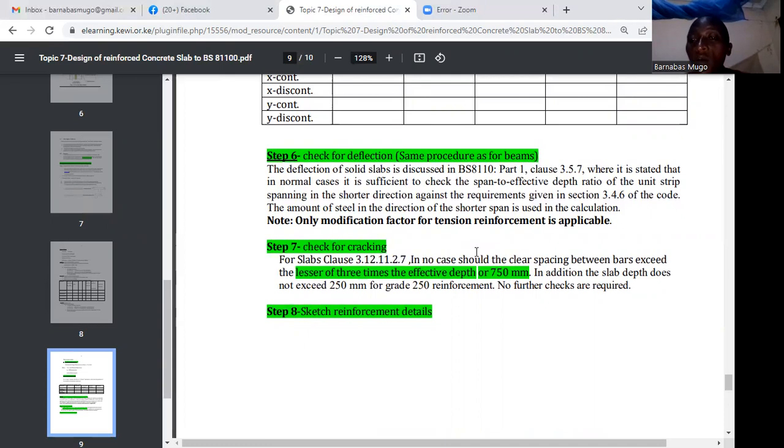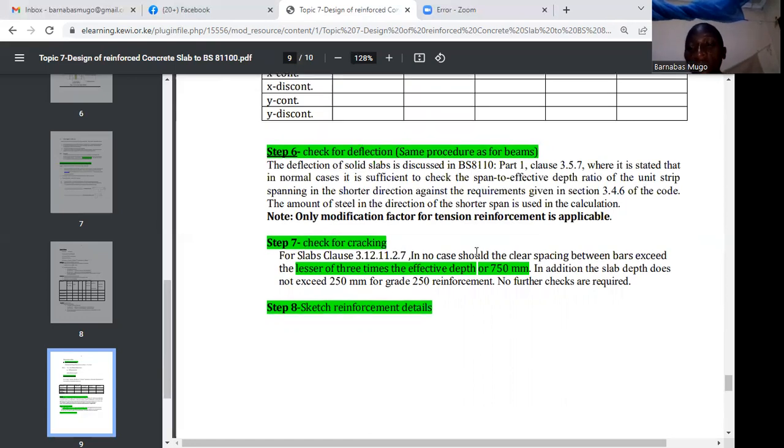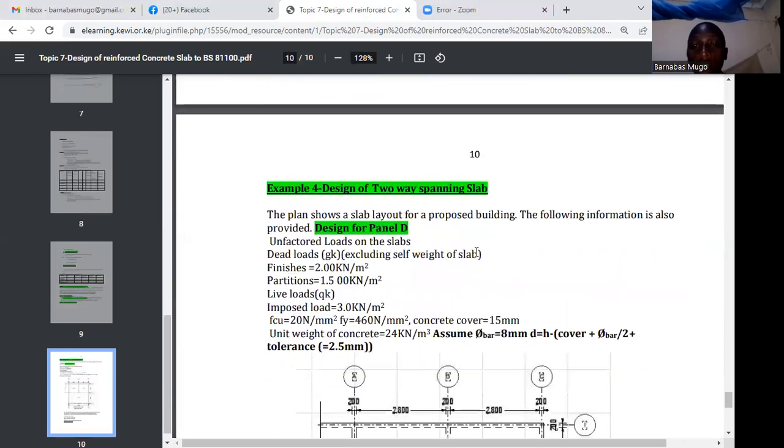That is, in no case should the clear spacing between the bars exceed the lesser of 3 times the effective depth or 750, and it should not exceed 250 for grade 250. That is exactly the same thing that we are going to do.